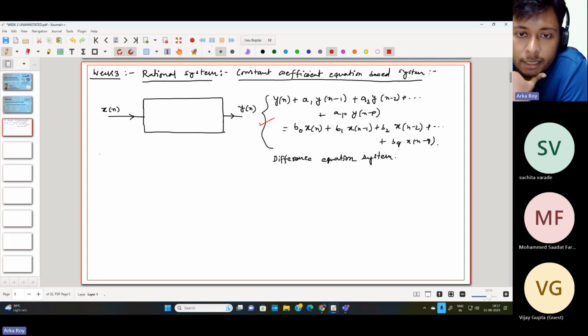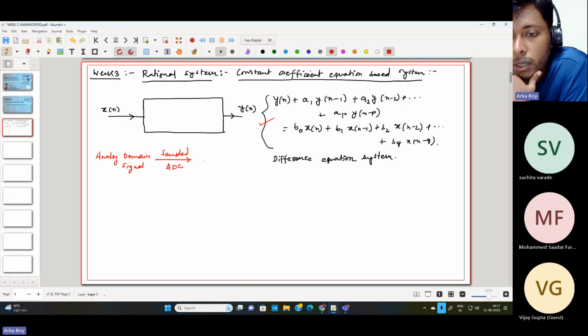So let's try to draw an analogy first. An analog domain signal is basically sampled using some sampler, or let us consider an analog to digital converter, and then this converts into digital, or let us not be very specific about whether digital or discrete time.